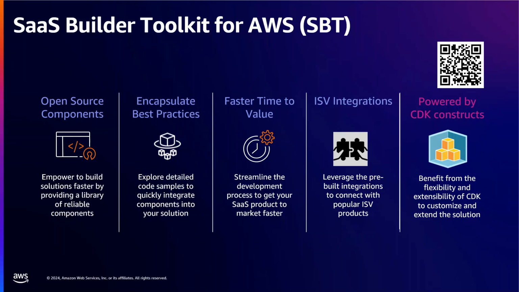Our goal is to enable customization, accelerate projects, and reduce time to value for organizations embarking on their SaaS journey. It offers a library of reusable common components that serve as foundational building blocks for any SaaS solution.